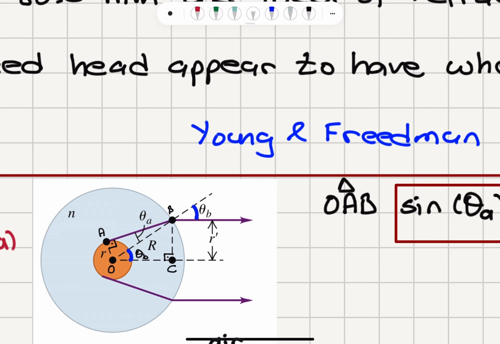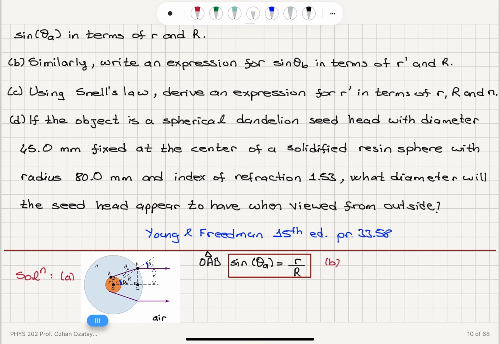So this angle theta B is the same as this angle theta B. From triangle OBC, I can read sine theta B to be r prime, the radius of the object appearing from outside, divided by capital R. So in triangle OBC, sine of theta sub B is equal to r prime divided by capital R.